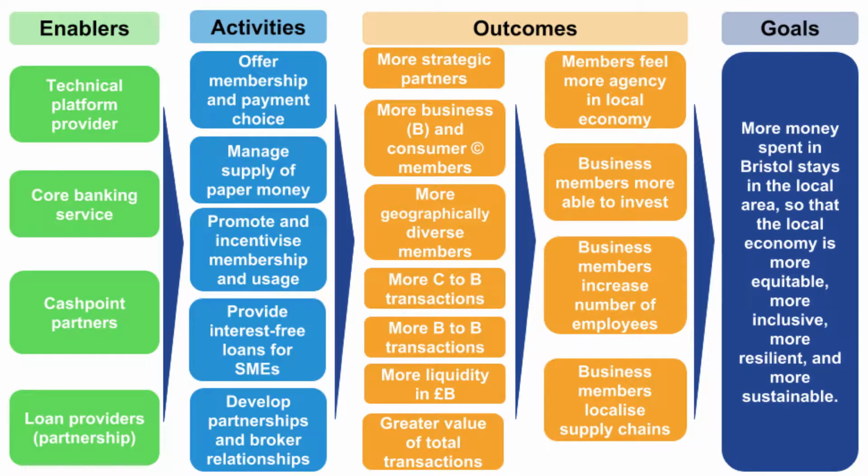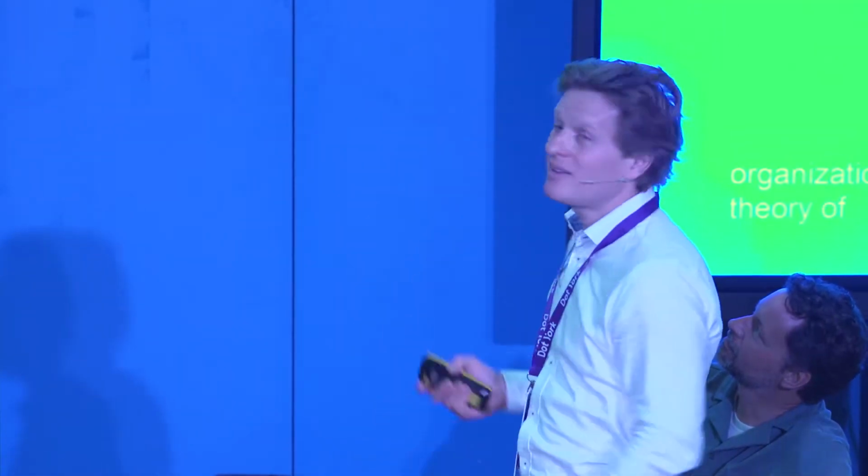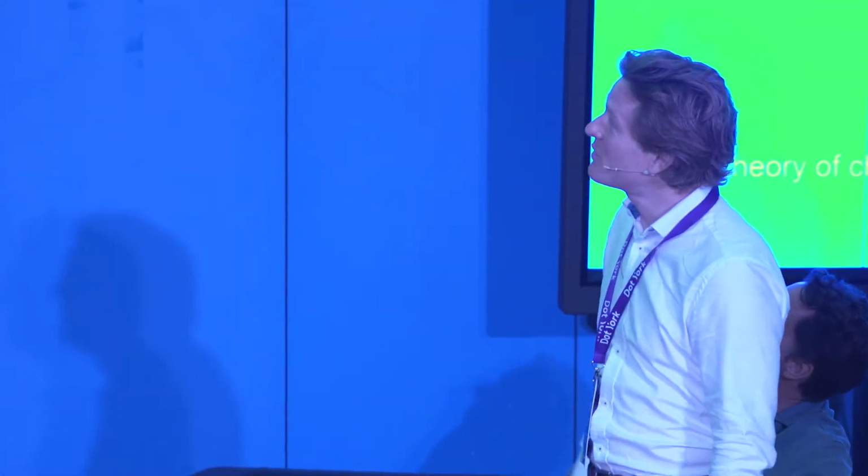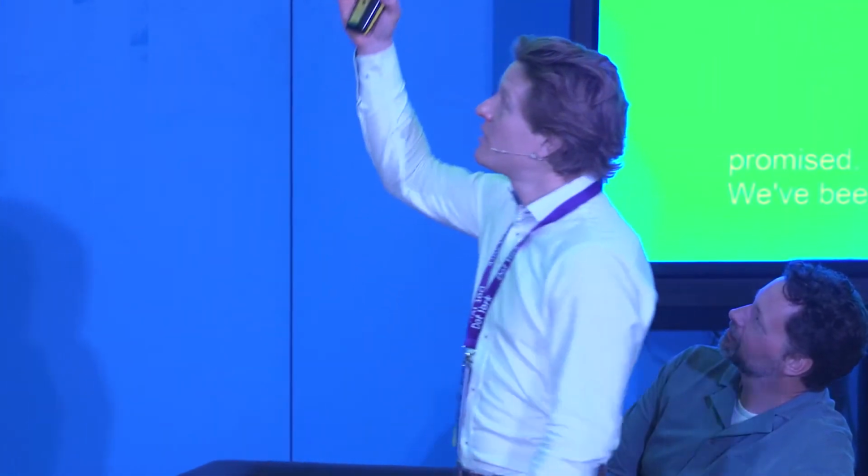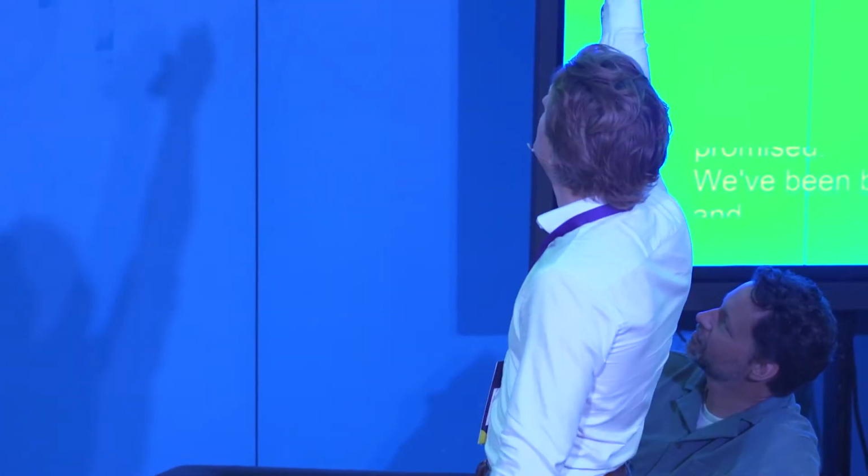So any social impact organization needs a theory of change. And here's the color that I promised. This is basically our theory of change, which we've been building and maturing over time. So key enablers moving through all the activities and outcomes to our ultimate goals.